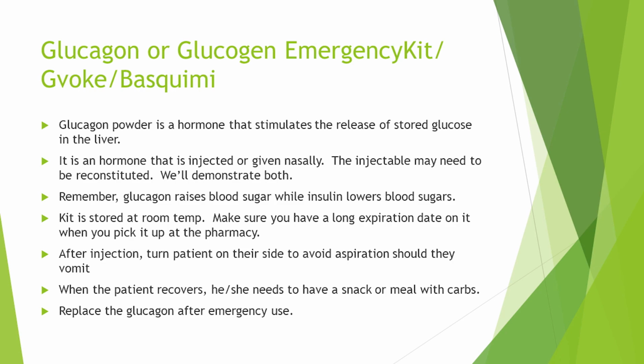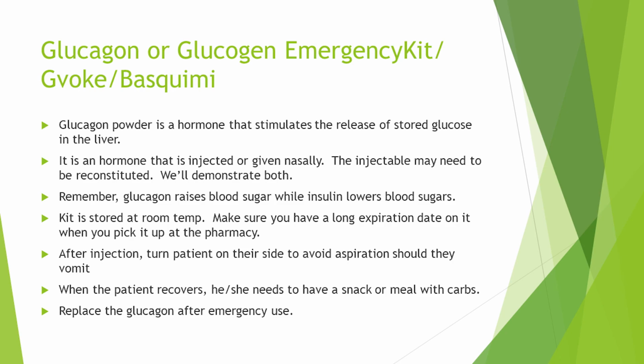Glucagon is a hormone that stimulates the release of glucose from the liver. This hormone is either given via injection or it can be squirted into the nose, and I'll demonstrate that in a bit as well. The injectable may need to be reconstituted, and I'll demonstrate that as well.